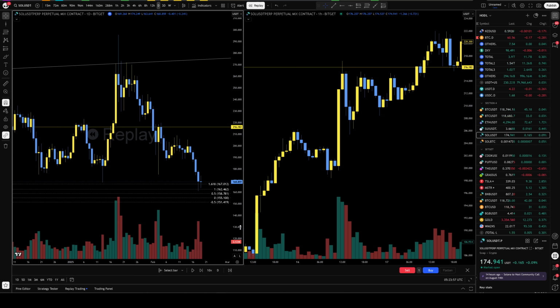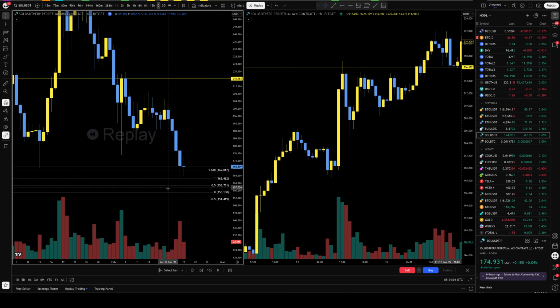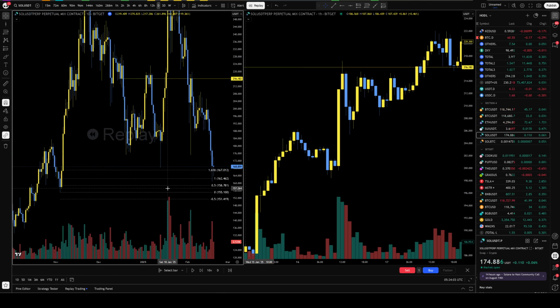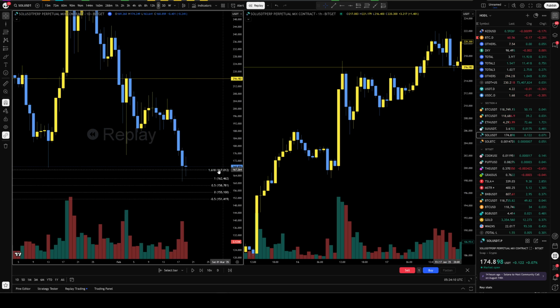Right, finally. So we waited a really long time and price came down and hit this one from all the way back here, went down just below the one, and then came back up to the 1618.